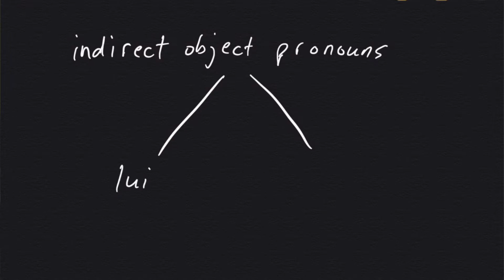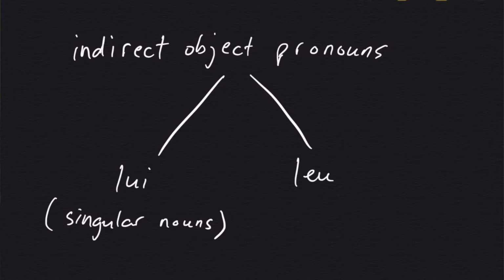You have lui for singular nouns, and you have leur for plural nouns. The cool thing about this one is that you don't ever have to worry about if your noun is masculine or feminine. You only have to worry about if your noun is singular or plural.